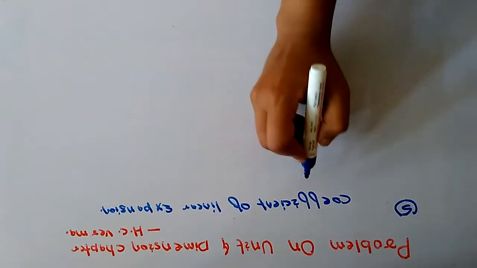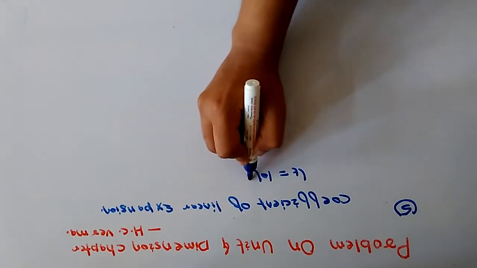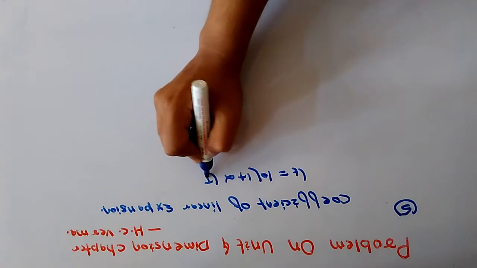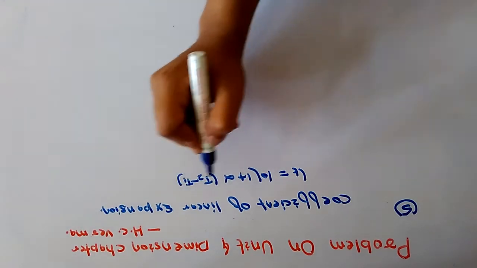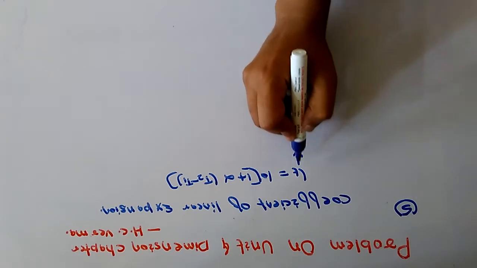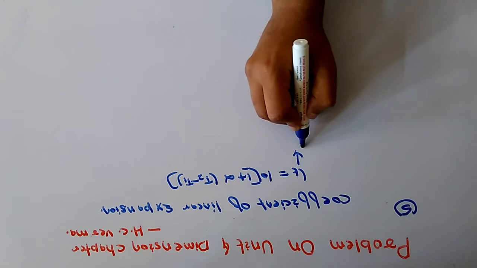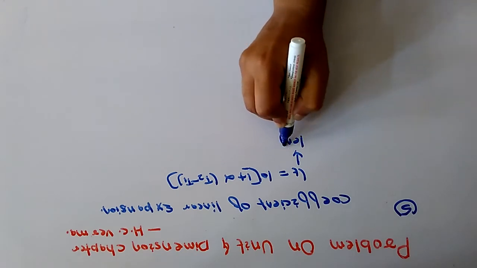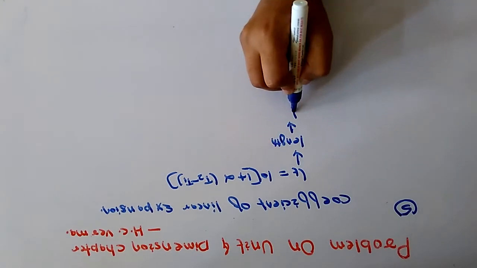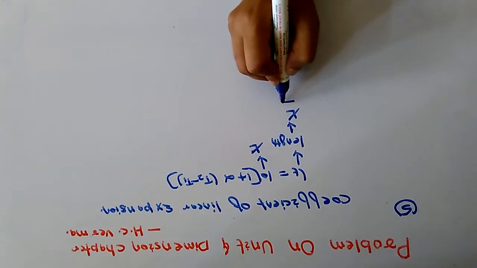This is written as LT equals L naught into 1 plus alpha (T2 minus T1). L naught is the length, and LT represents the length at temperature T, so the dimension of both is L, and both will get cancelled.